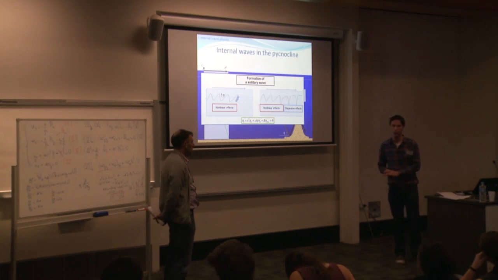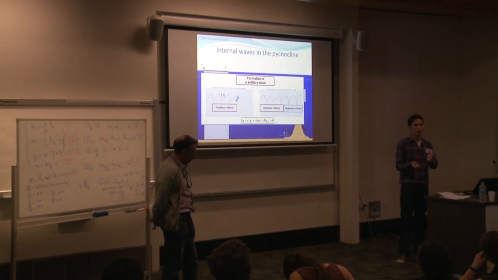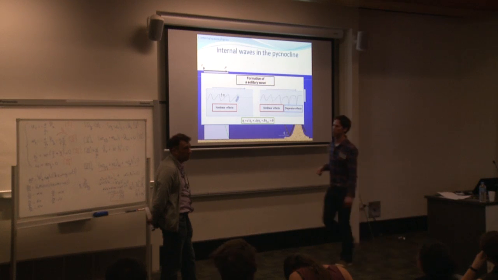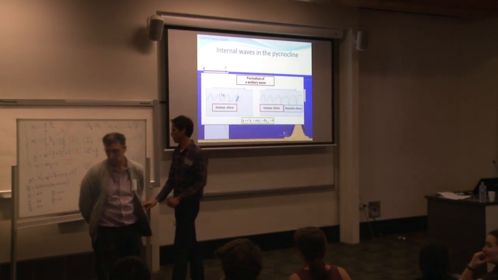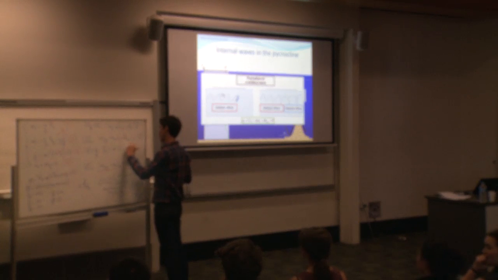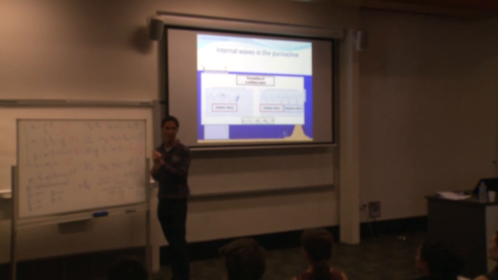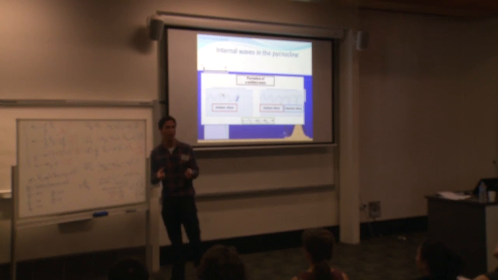What matters here for the efficiency of lee wave generation is a Froude number, which is U over NH. U is the velocity of the flow, N is the local stratification, and H is the height of the topography.